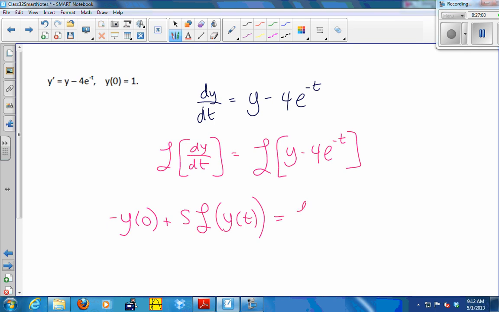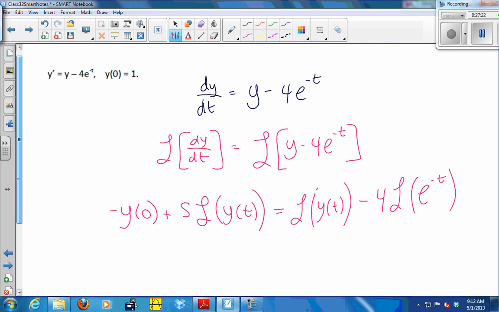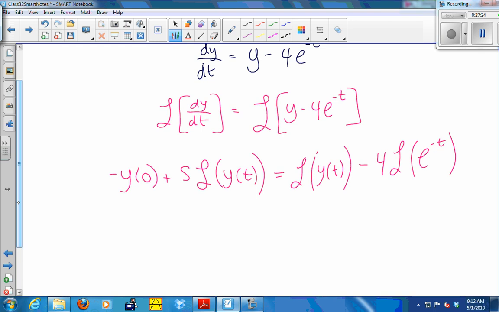So I can take the Laplace transform of y minus 4 times the Laplace transform of e to the negative t. I can pull the 4 outside because of the linear properties of the Laplace transform.